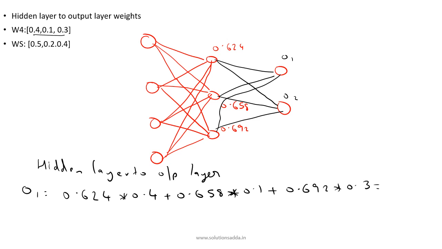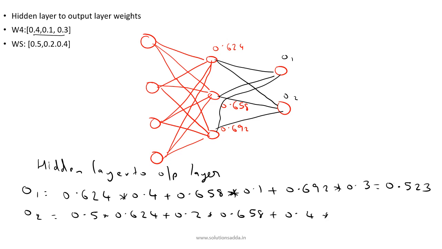This will be calculated as 0.523. And O2 will be calculated as 0.5 into 0.624 plus 0.2 into 0.658 plus 0.4 into 0.692. So this will give a value of 0.72.